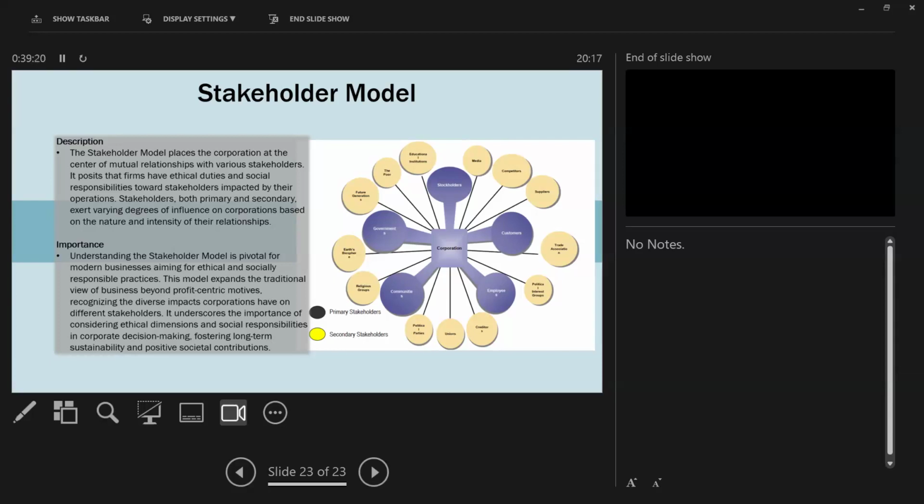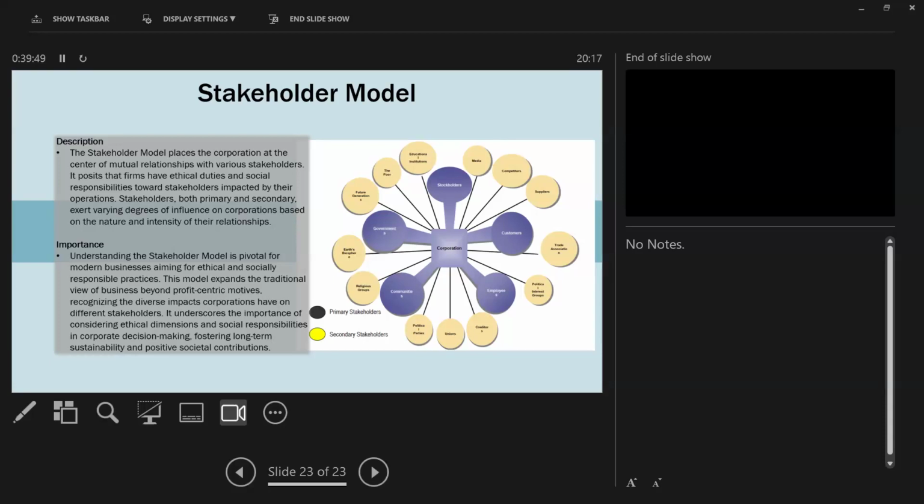So the importance of this model now is understanding this model is pivotal for modern businesses aiming for ethical and socially responsible practices. So if a company wants to be ethically responsible, socially responsible, then this model is for them, right? So this model expands the traditional view of business beyond profit-centric motive.